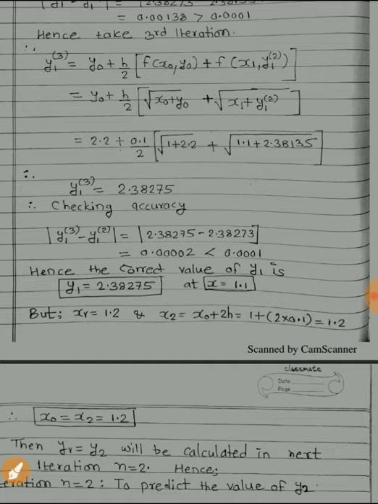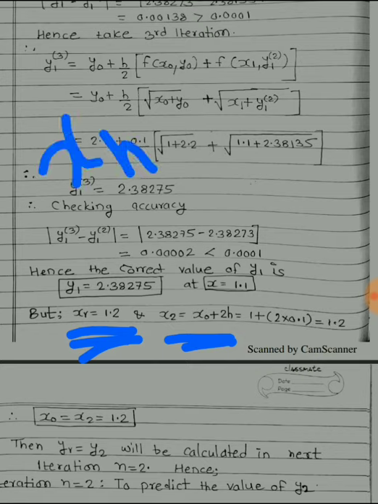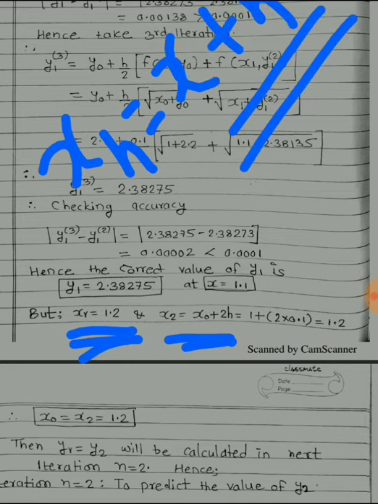Hence I can say, as xr is equal to 1.2 and x2 is equal to x0 plus 2h, the formula was xn is equal to x0 plus nh. This was the formula.